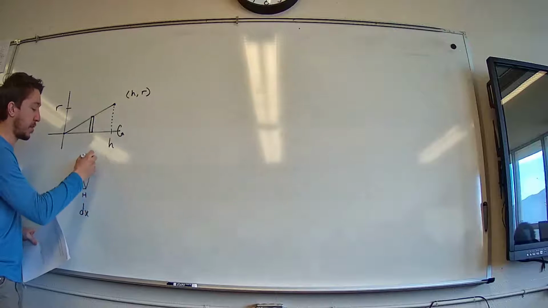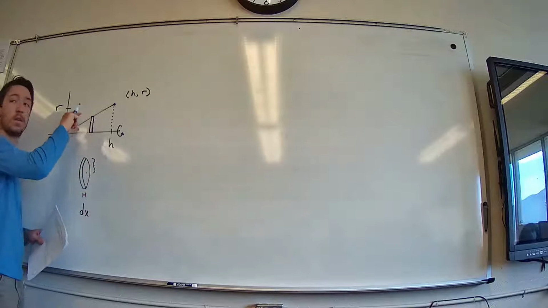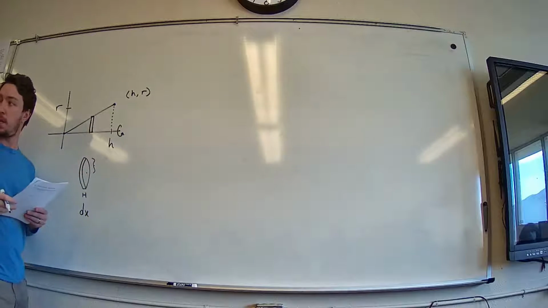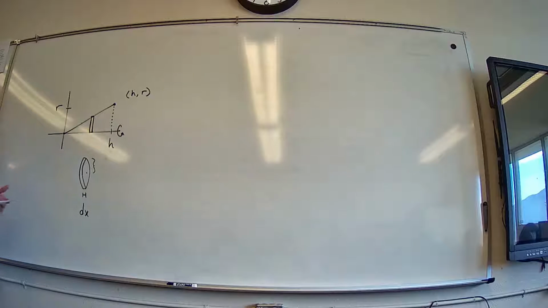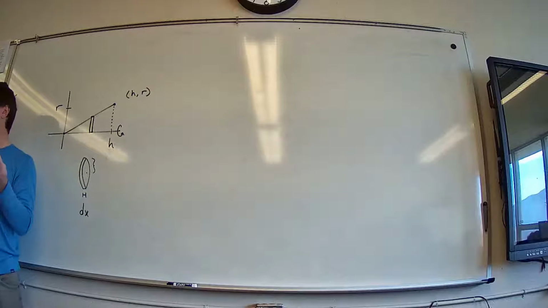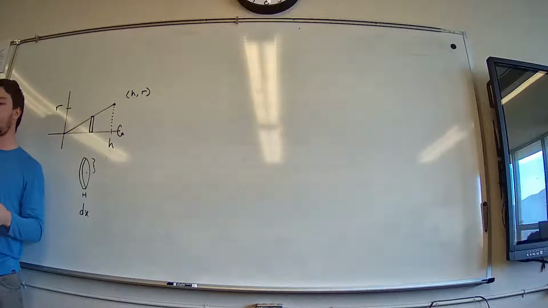It makes more sense if I draw it up here. Reading that question, isn't it just the line segment that's being revolved? Or is it the area below? Well, if you revolve just the segment, it would be the top of the cone, not including the bottom. That's a good point.